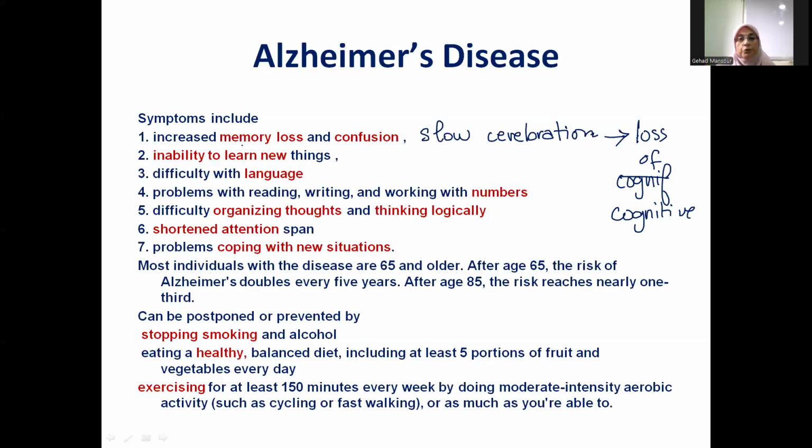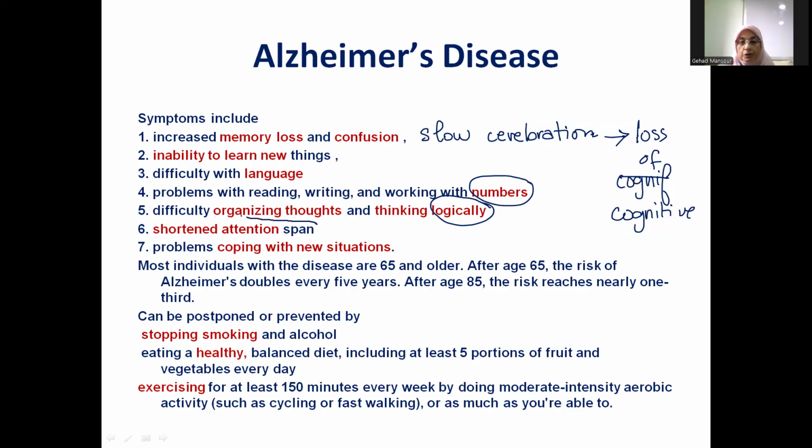Of course, the patient will be unable to learn new things. There will be difficulty with language because you have to remember words in order to speak. And of course, as I said before, there will be difficulty in calculations. There will be difficulty in logical thinking, which requires a complicated network of neurons that works at a significant speed.